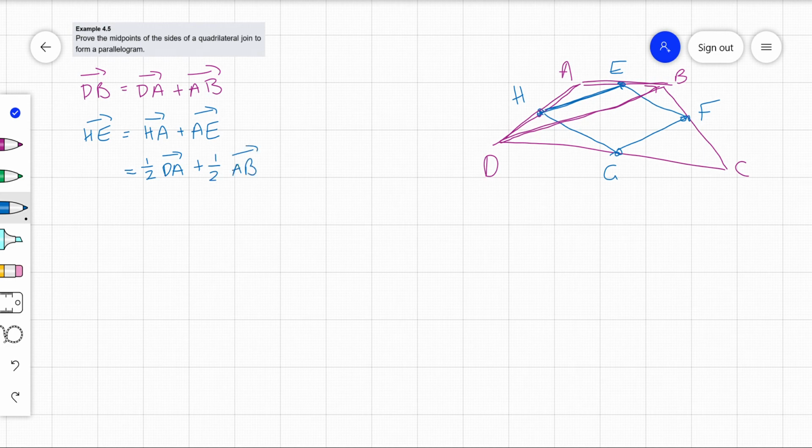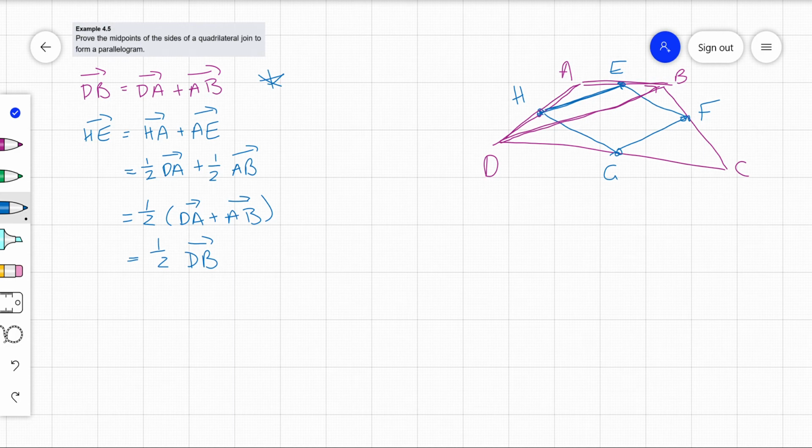Now we can compare nicely because you can see they're both halves, and we've got DA plus AB, which is DB. So HE is half of our DB. As long as you know what you're trying to head for, it makes it a lot easier. We're trying to get HE as a scalar multiple of our DB.